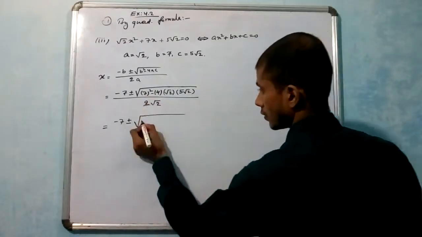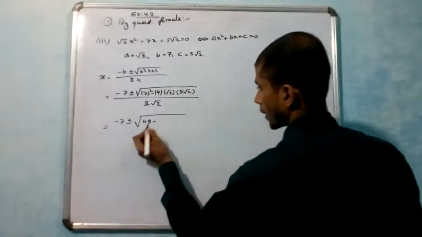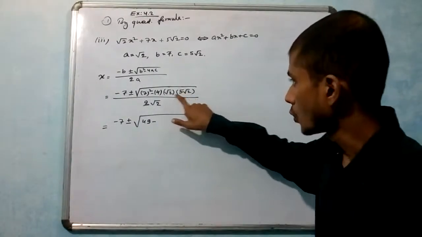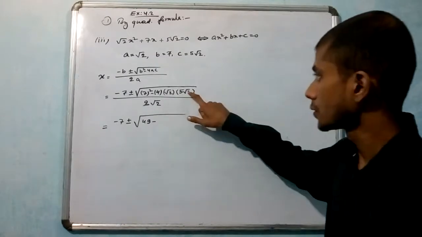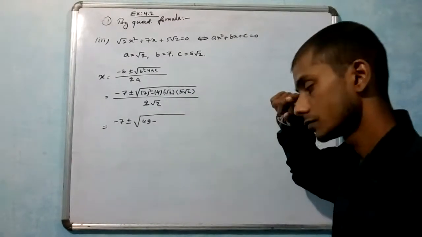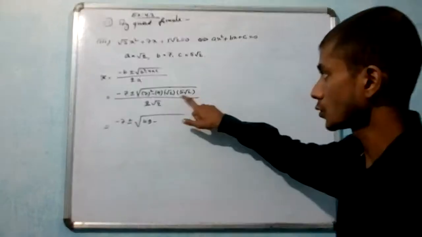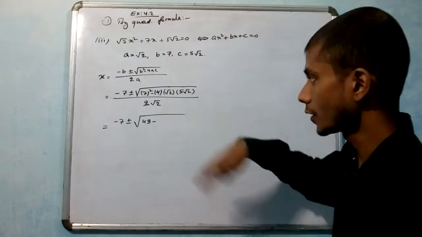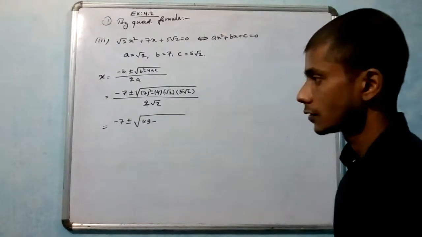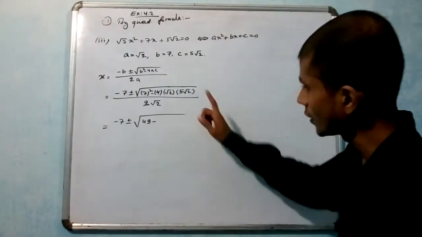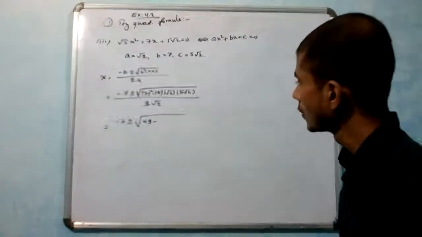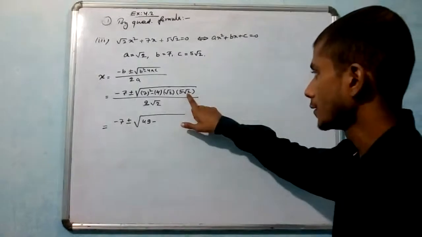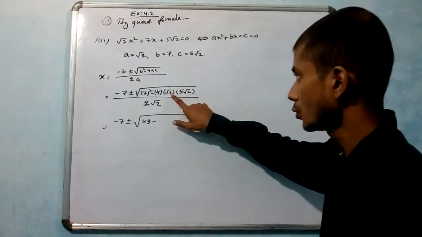7 7s are 49 minus, okay. And now 5 into root 2 into root 2. Root 2 into root 2 how much? Root 4, and root 4 is what? Just say root 2 into root 2 is 2.